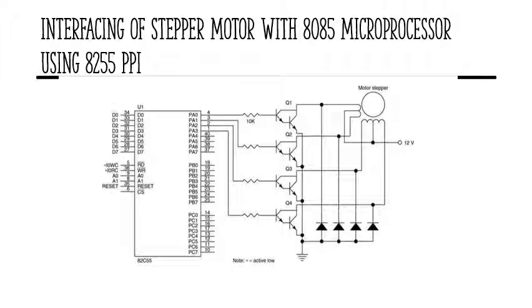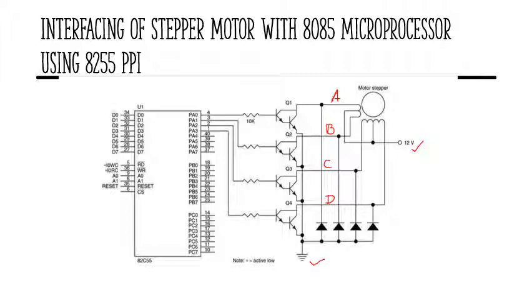The stepper motor has 6 terminals, 4 terminals A, B, C and D for excitation and 2 terminals for supply.